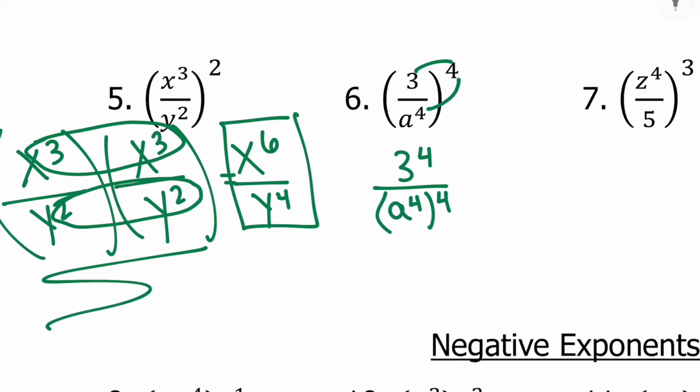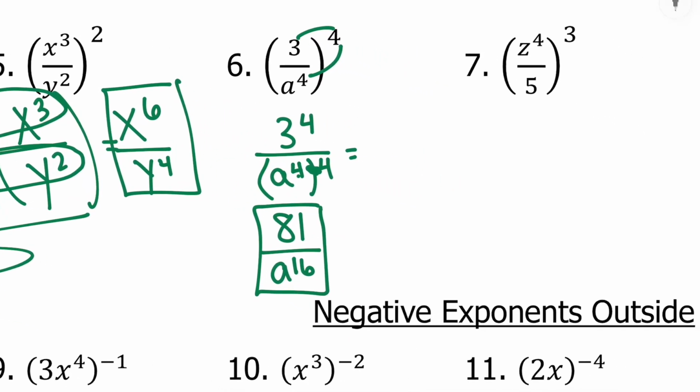You do 3 to the 4th first, you get 81. And then a power to a power would be a multiplication, so 4 times 4 is 16. And then you're done on that one. So take a second to wrap that one up.